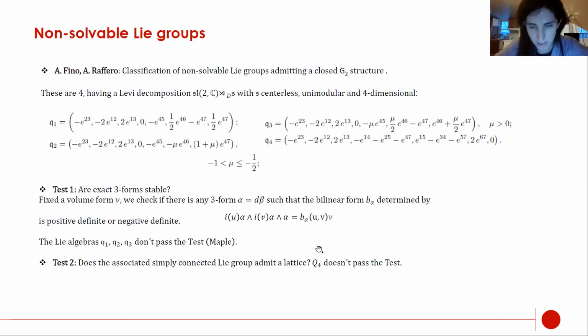I think the proof was somehow that if Q4 admitted a lattice, then the simply connected group associated to S, and then we prove, I think manually, that this simply connected Lie group doesn't admit a lattice, using that it should be a semi-direct product of R with another one.